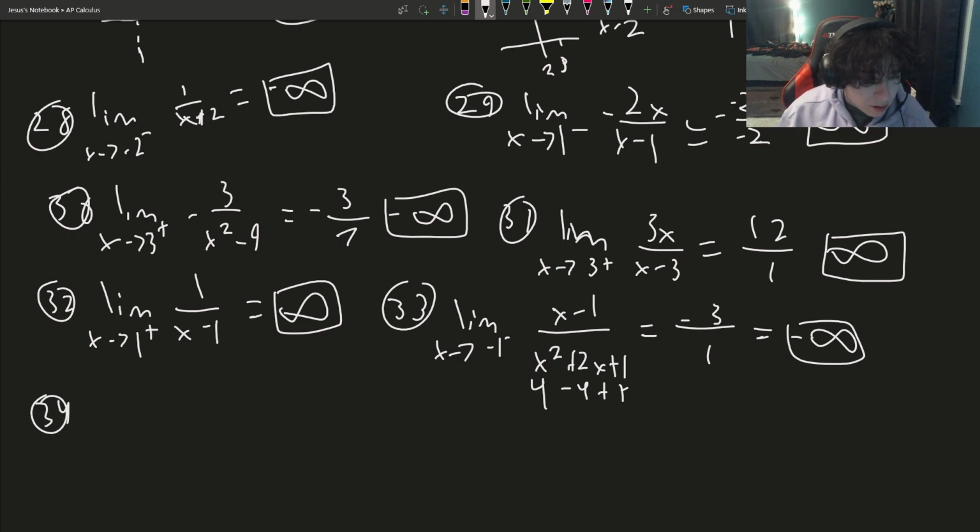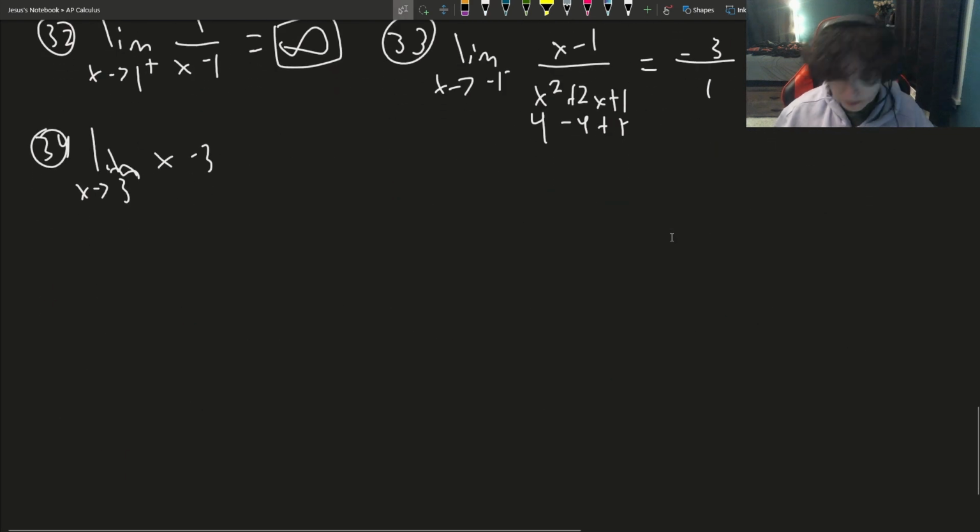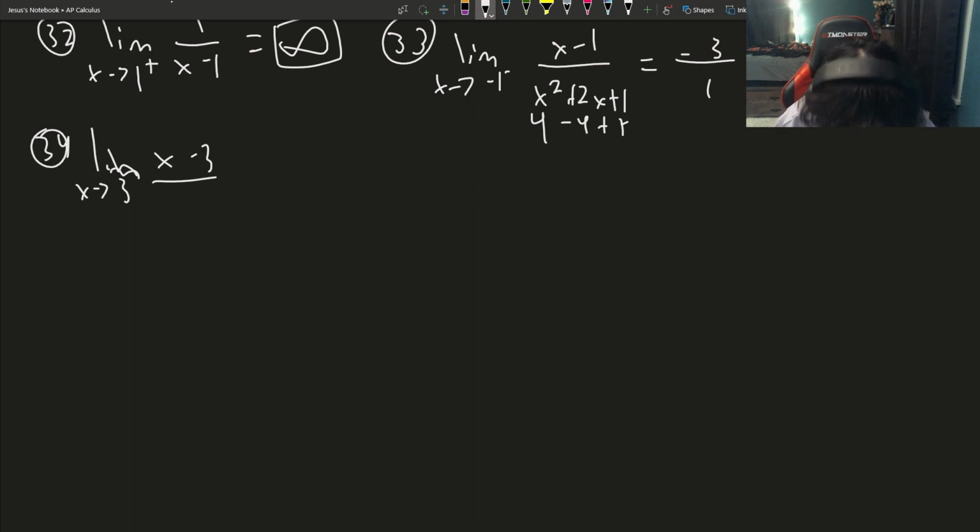Then we have 34, the limit as x approaches 3 of x minus 3 over x squared minus 5x plus 6.